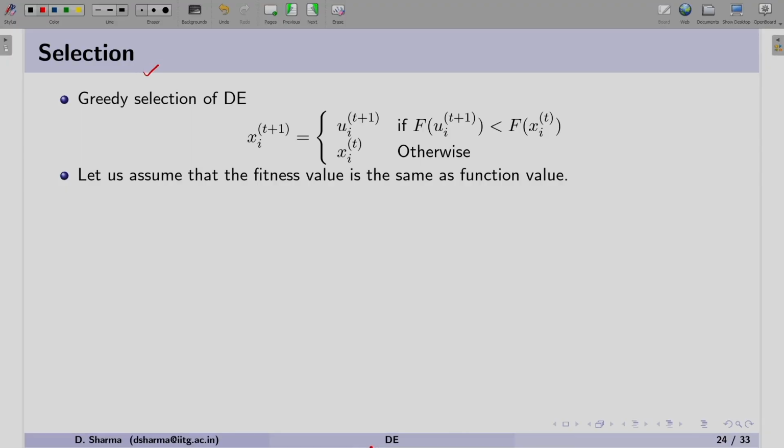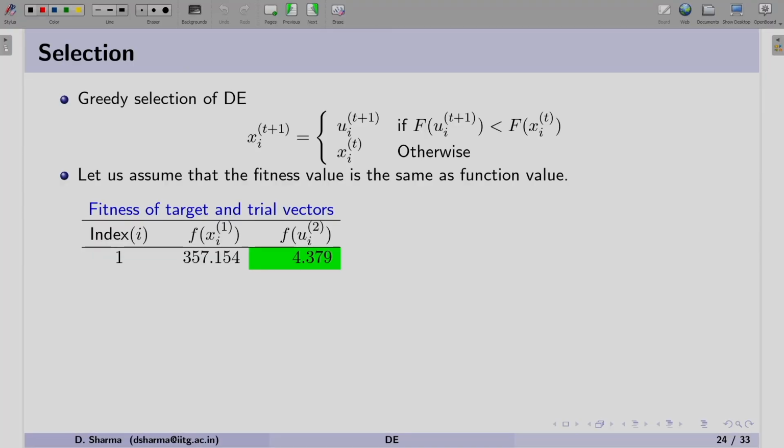In this selection operator, we are using the greedy selection of DE, as we have understood from the earlier slide, which says that the target vector for the t plus 1 generation, that is the next generation, equals the trial vector if the fitness of the trial vector is better than the fitness of the target vector. Otherwise, we are going to copy the same target vector. Here, we are assuming that the fitness value is the same as the function value.